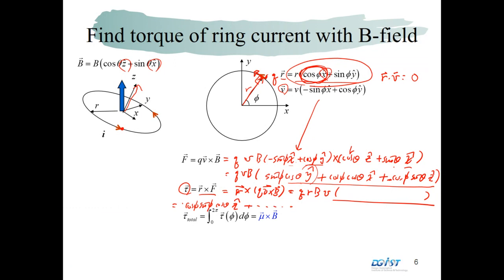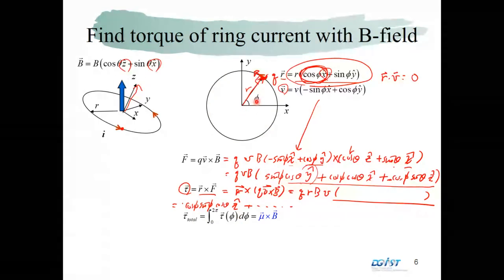There are many, many terms. But here, this torque is the torque acting on this single point. And for the total torque acting on this loop, we must take the integral of the torque acting on this small point. This integral is taken from 0 to 2 pi for the azimuthal angle.